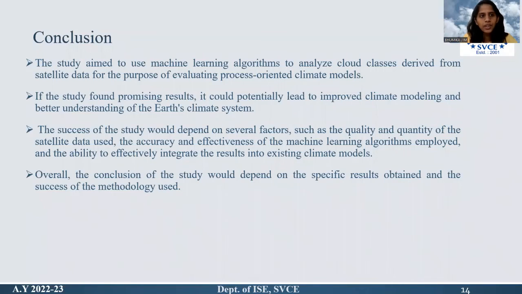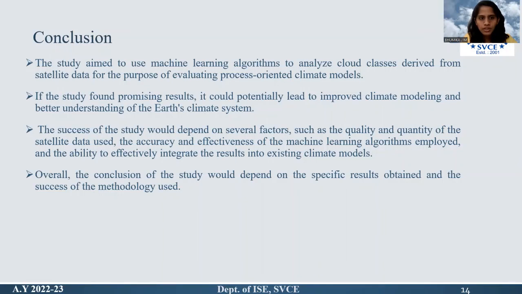In this slide, we are going to study the conclusion. The study aims to use machine learning algorithms to analyze cloud classes derived from satellite data for the purpose of evaluating process-oriented climate models. If the study finds promising results, it could potentially lead to improved climate modeling and better understanding of the Earth's climate system.